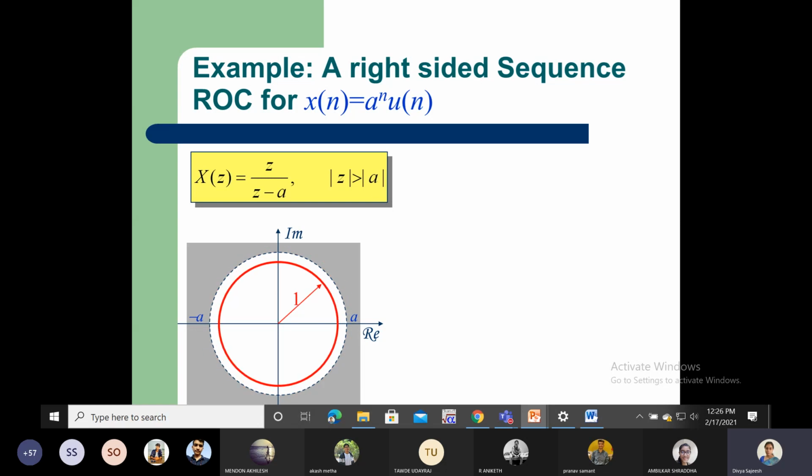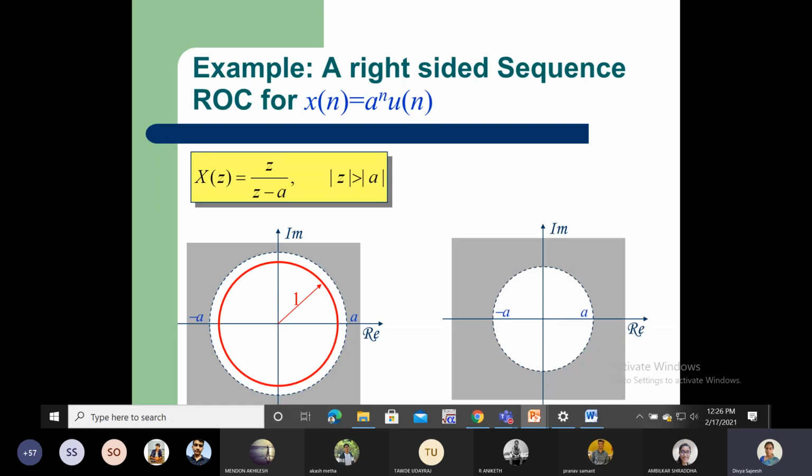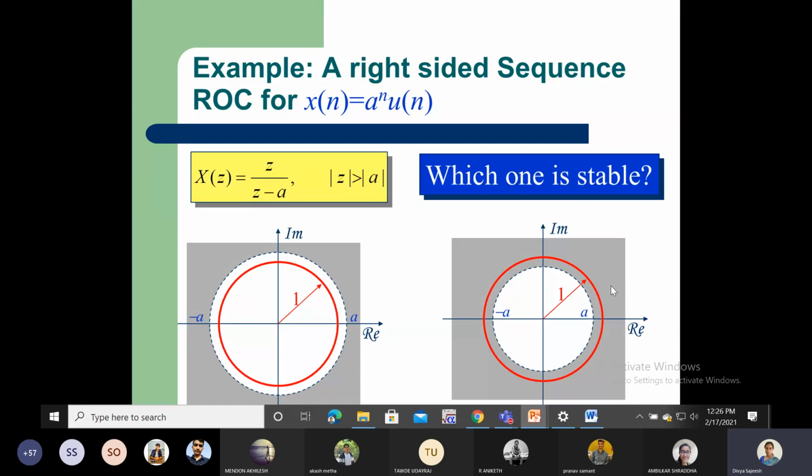Regarding stability, we will learn that later, that is whether the unit circle lies inside the circle or outside the circle. It depends on the value of a. Depending on that, we will come to know whether the unit circle lies inside or outside, and which one will be more stable.